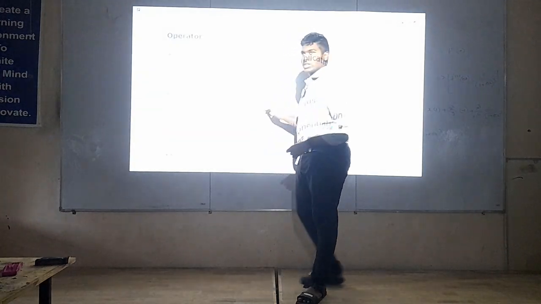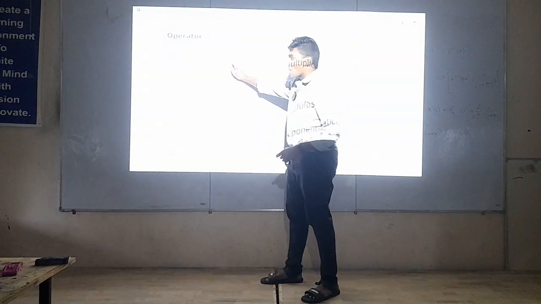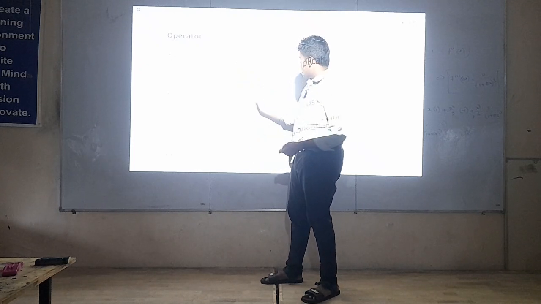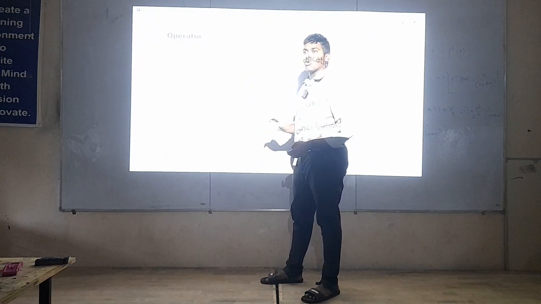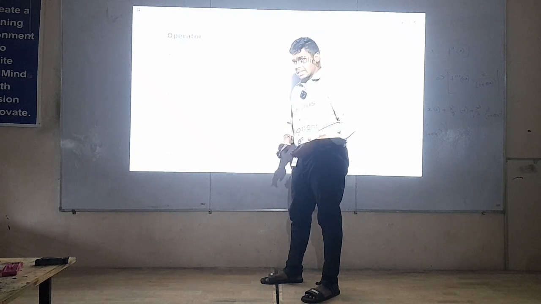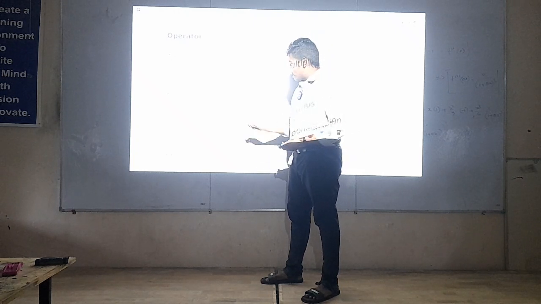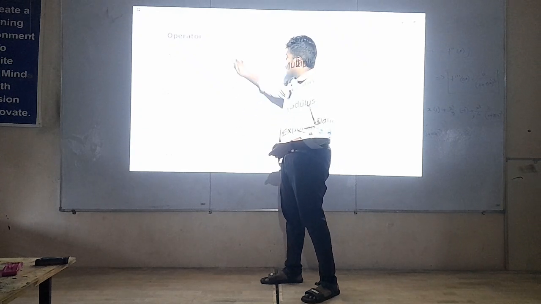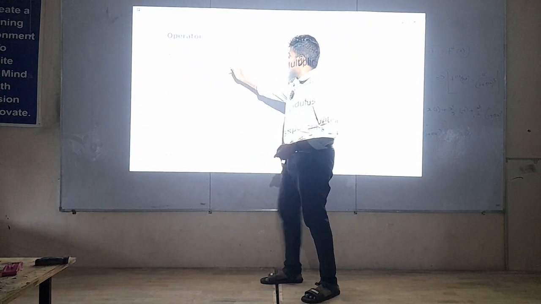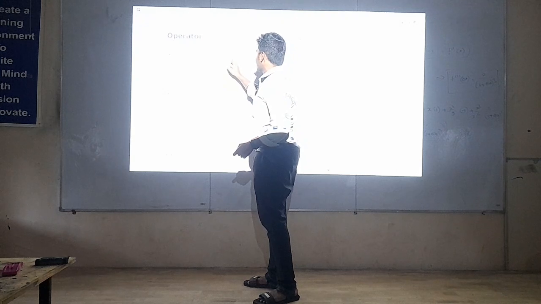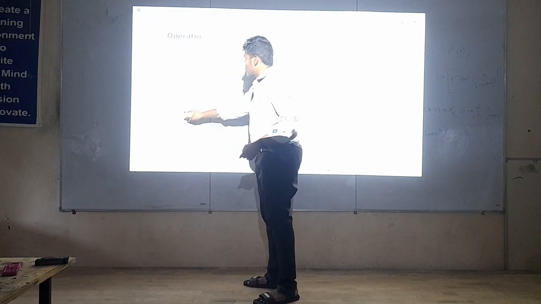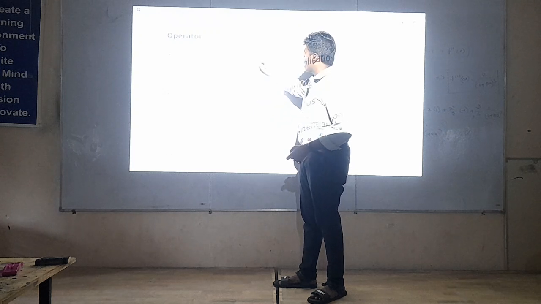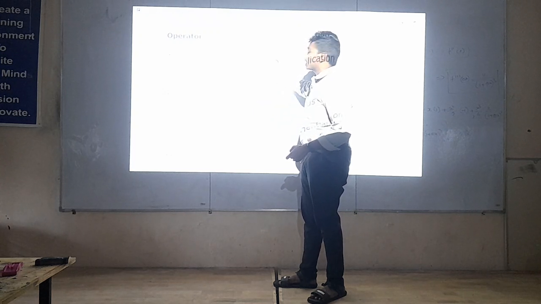Whenever you use this operator, the answer in the console or terminal will be 2, the quotient value. In some cases you need the remainder value instead of the quotient value. So instead of using the division operator, you will use the modulus operator. Whenever you use the modulus operator, it will not return the quotient value, it will return the remainder value.